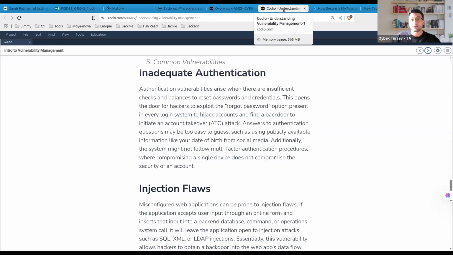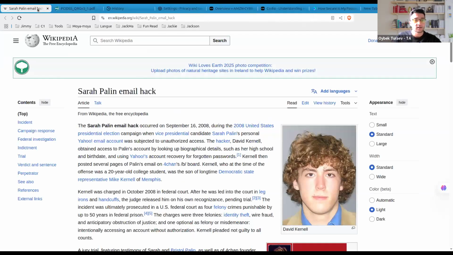That's one of the vulnerabilities. And then there is one example of this successful attack, guys. That's a very popular attack. Have you heard about the Sarah Palin email hack from the US presidential elections? It happened in 2008. So how it happened, I think a high school guy, as you see here, Yahoo email got hacked.